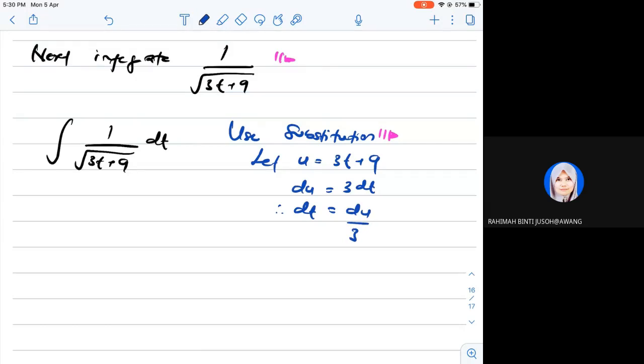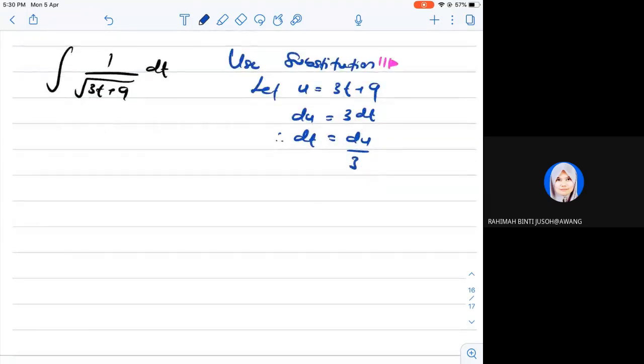Gitu kan? So now, write back the integration 1 over square root 3t plus 9. This is the same as u, so 1 over square root u, and then dt is equal to du over 3.